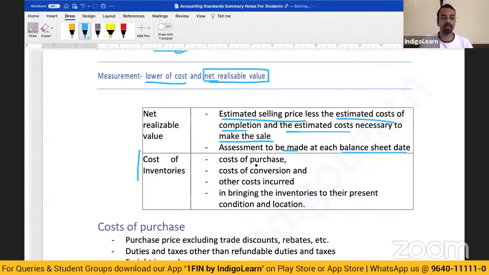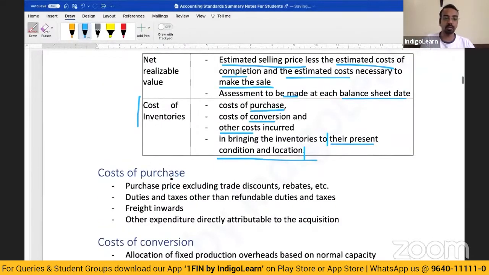Okay, so cost of inventory will have cost of purchase, cost of conversion, other costs incurred in bringing the inventories to their present condition and location. Okay, so please remember this one. Whatever costs are being incurred to bring the inventories to their present condition and location, your purchase cost, cost of conversion, other cost, all of that put together is considered to be cost of inventories.